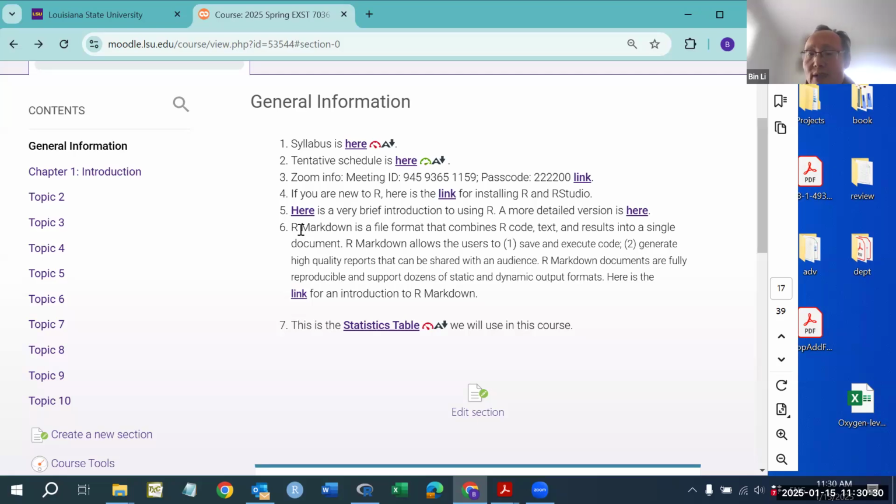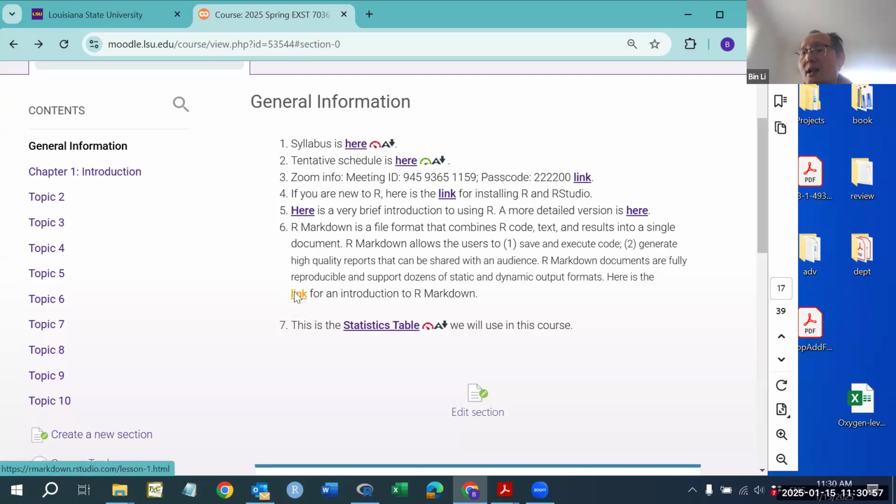And it can output several types of format. Some formats are static, like PDF, and some are dynamic, like HTML. This is the link for an introduction to R Markdown.